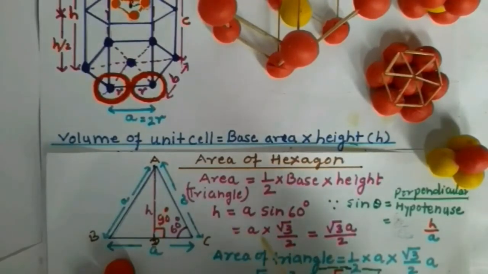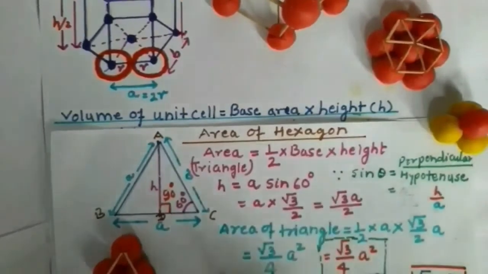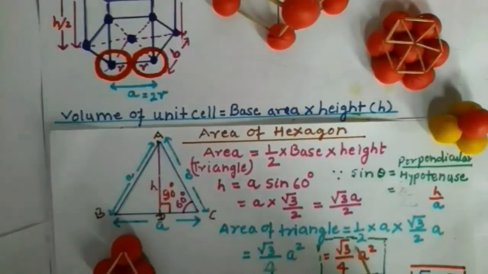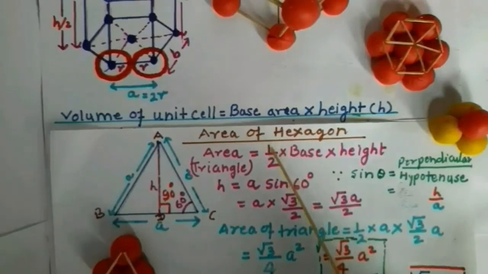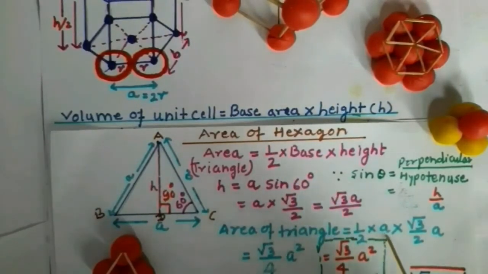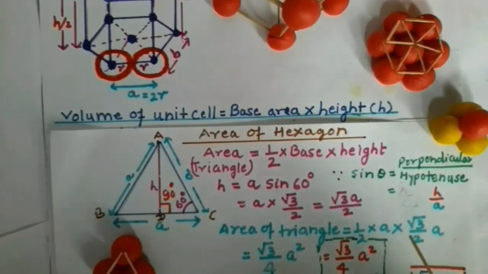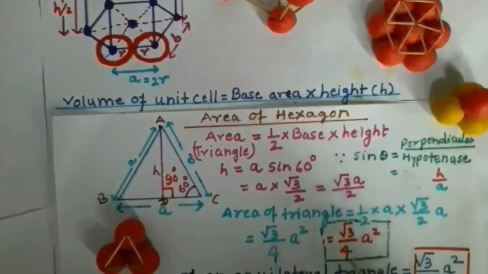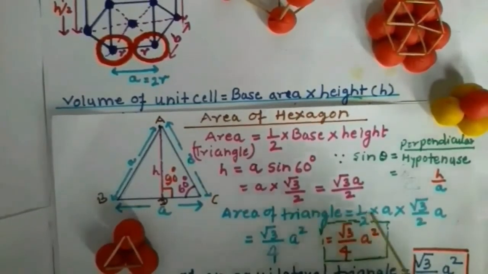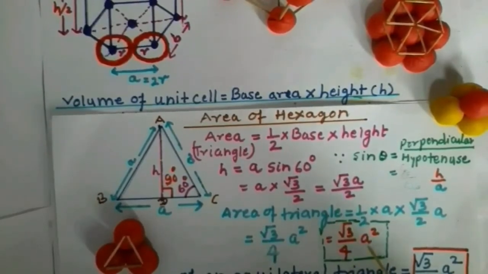So H will be equal to A into root 3 by 2, and that is equal to root 3 by 2 A. So the area of the triangle will be equal to 1 by 2, that is half, multiplied by base, that is A, and multiplied by height, that is root 3 by 2 A. Half multiplied by A multiplied by root 3 by 2 A. 2 multiplied by 2 will be equal to 4. So the area of the equilateral triangle will be equal to root 3 by 4 A square.